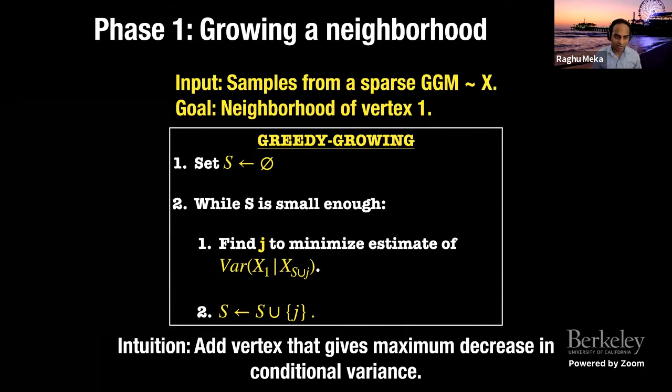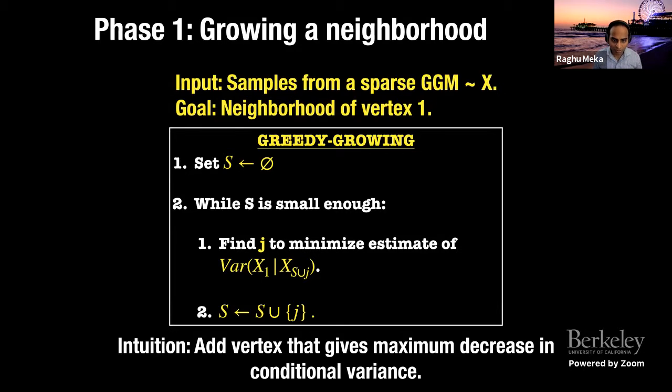So we'll start with the empty set, and while the set S of vertices that we've added is small enough, we'll add the vertex that gives the maximum decrease in the conditional variance of x1. So in some sense, we are adding the vertex that gives us the max bang per buck in terms of explaining my current variance. So you just find the j, which minimizes our estimate for the conditional variance of x1 coupled with what we already saw and xj, and add that. And we repeat this until some budget.